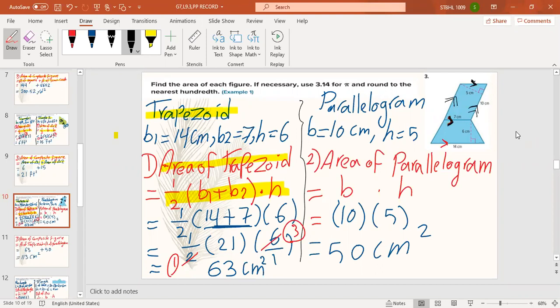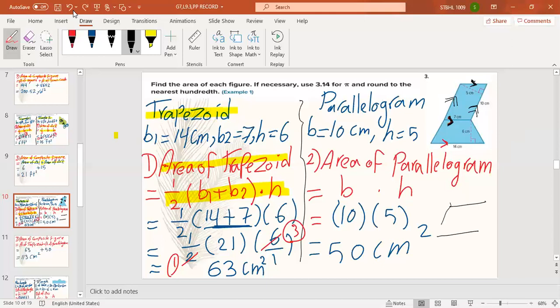So again, in the parallelogram, I'll draw a small parallelogram here. Each two opposite sides are parallel and equal in length.